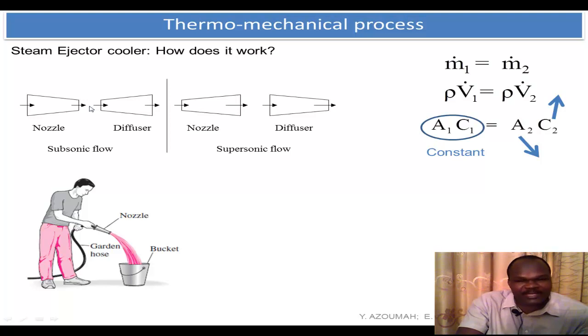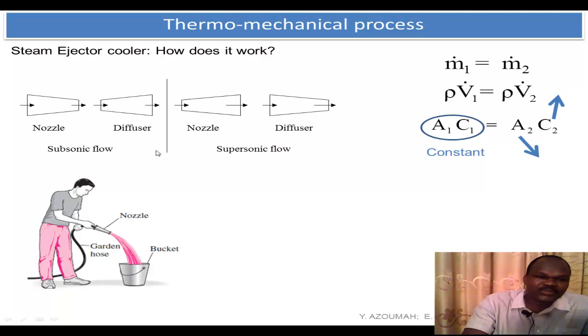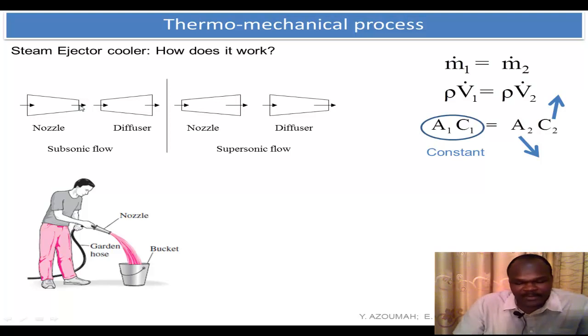And if you keep on reducing again the cross-section area, of course you will not go beyond the speed of sound, because you want to go beyond the speed of sound and go to supersonic, and you are using the device in the subsonic flow. So for you to cross the barrier, you just have to get another nozzle in the supersonic flow regime and add it to the nozzle in the subsonic flow, and you get something like this.